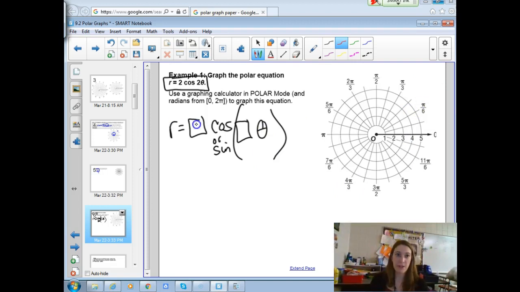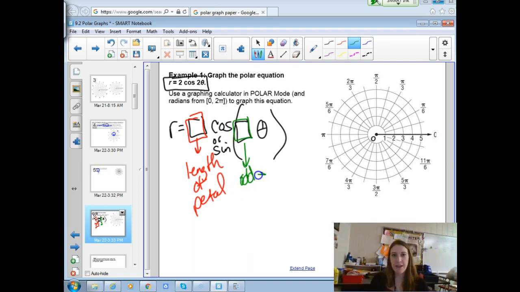Now, these numbers tell me something. This number right here tells me the length of the petal. And yes, they call them petals, like a flower petal. And then this number here is a little complicated. If this number is odd, that means it's the number of petals.